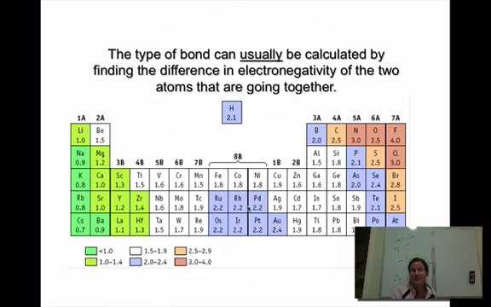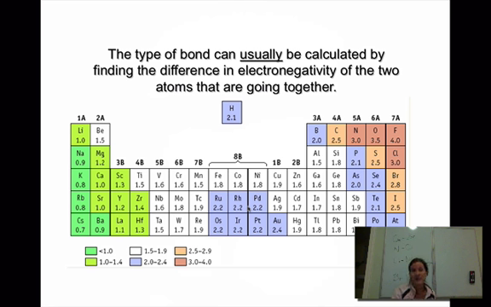If the difference is very small or none, you don't have a difference in pull, in which case you have a nonpolar bond. If you have some pull, and even a decent amount of pull, you'll end up with polar covalent because you'll have an unequal distribution.